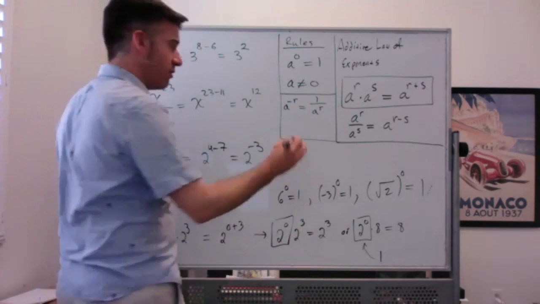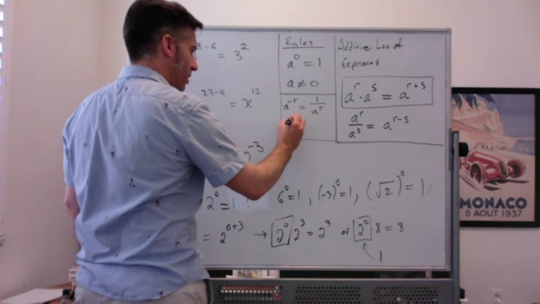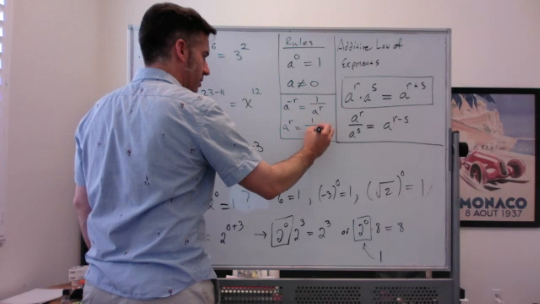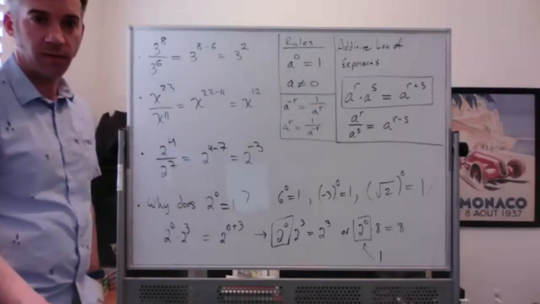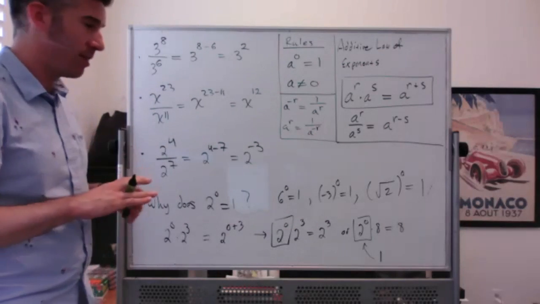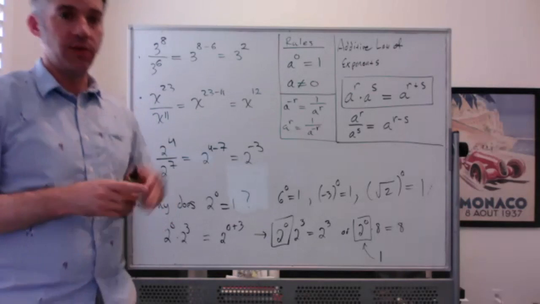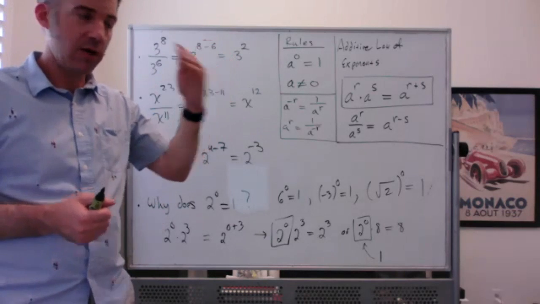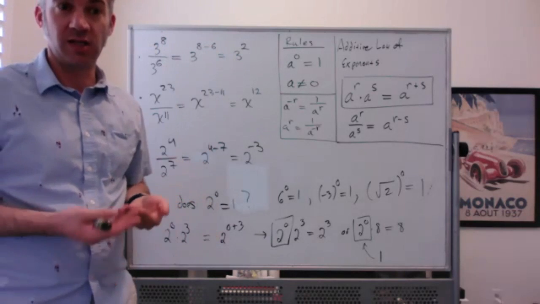Or even the flip of that, if you have something raised to a positive power, it's 1 over the same base raised to the corresponding negative power. Or as I like to think of it, whenever you move something from the numerator to the denominator, or the denominator to the numerator, you're really just changing the sign of the power.